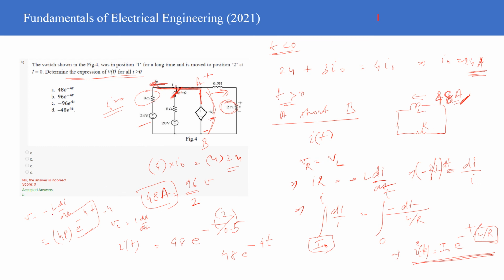And of course L is also going to come, and L is 0.5. So you multiply 4 into 48 into 0.5, you get 96, and minus minus becomes plus, e to the power minus 4t. So this is the expression you will get, which is expression number B, and this is your final answer. I'm hoping this is also clear to you. If not, please ask questions and I'll address them.